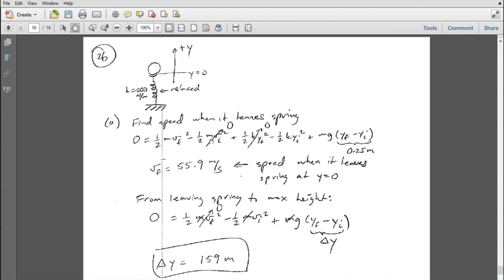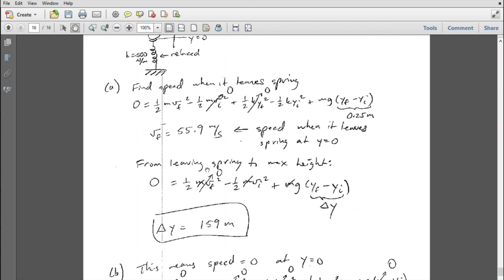Here's the changing kinetic energy. Initial speed is 0. The final y position is 0 because the spring is relaxed. We have to take y equals 0 to be when the spring is relaxed. And the distance it moves up, y final minus y initial, is 1/4 of a meter. So if we plug all that in, we're able to find v final is 55.9 meters per second. Apparently it's a strong spring. 500 newtons per meter is pretty strong.